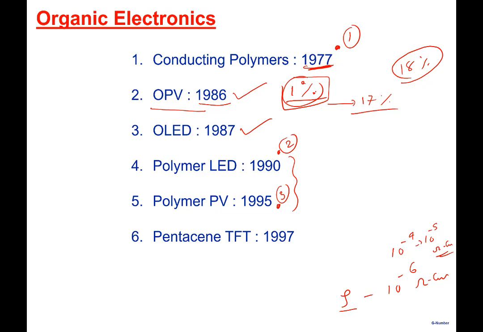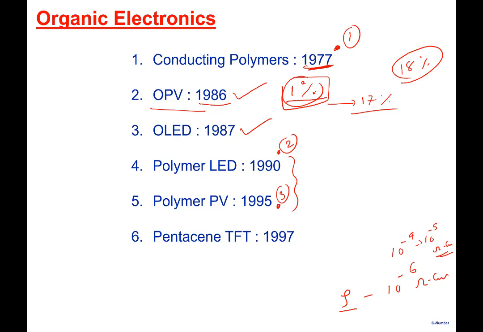This was like a metallic property. So they took an insulator, doped it, and transformed it into a conductor. A plastic became a conductor. This was a major breakthrough in 1977, and because of it they got a Nobel Prize around 2000.